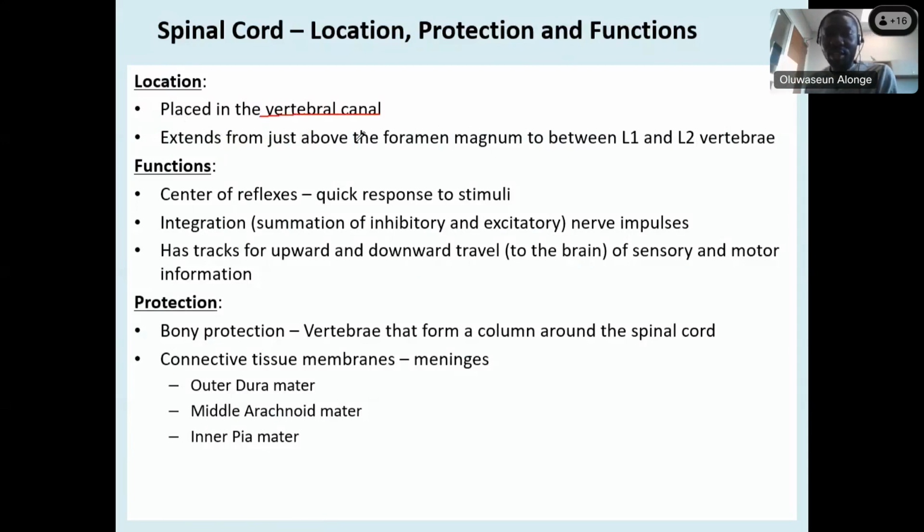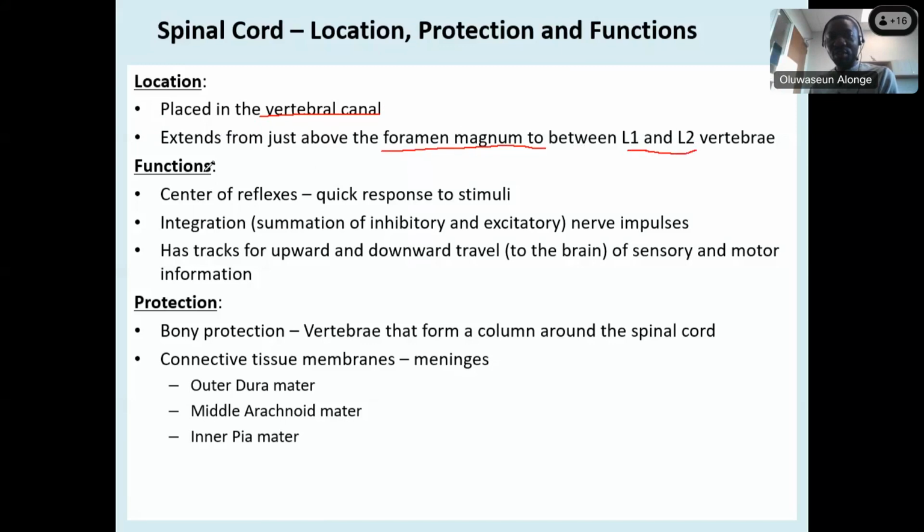So that is what forms the vertebral canal. And you see it extend just above the foramen magnum, which you see on the inferior portion of the occipital bone, and it goes between L1 and L2. So the spinal cord terminates at that point, right? And the point where it terminates, we call it the conus medullaris. I will show you in a bit.